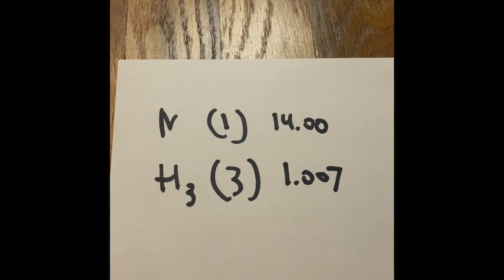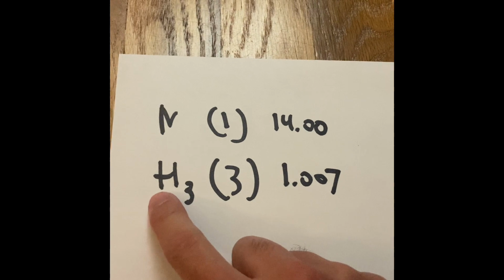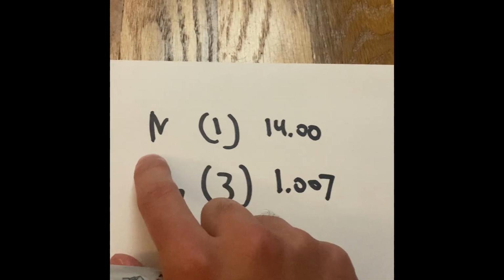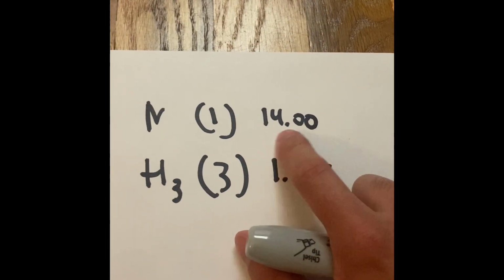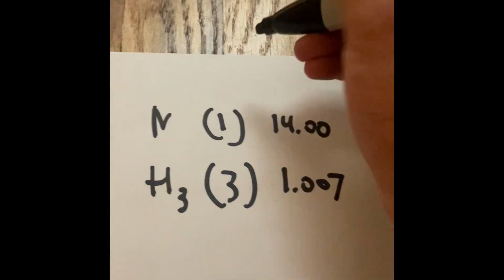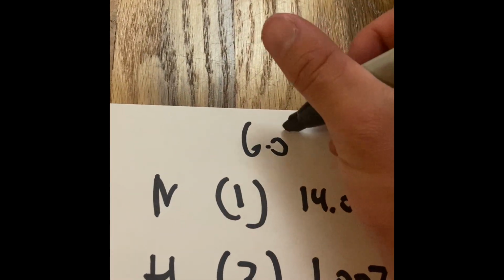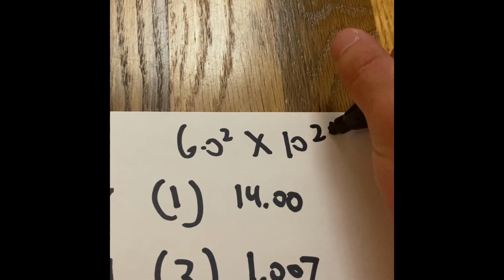If I had 1 mole of hydrogen, it would feel like, and it would have a mass of this many grams. If I had 1 mole of nitrogen, it would feel like and have this many grams in mass. Remember, 1 mole is equal to 6.02 times 10 to the power of 24.